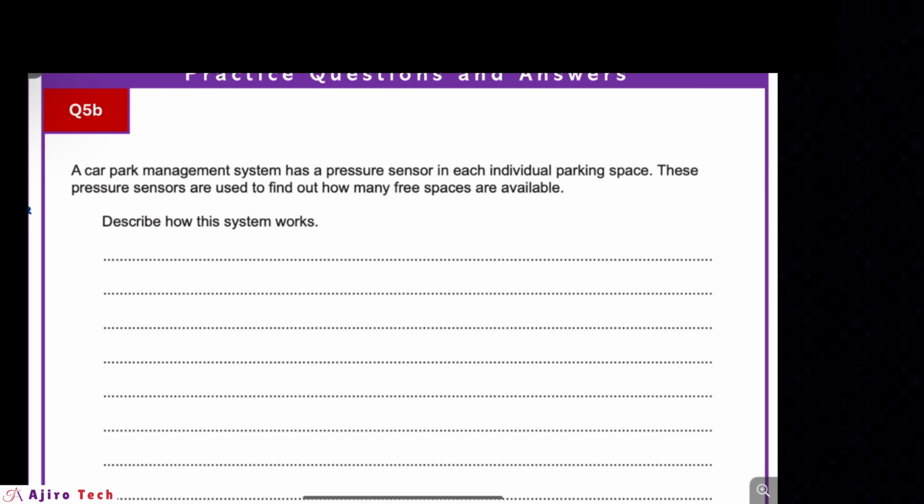Describe how this system works. So let's look at it. The first one is each parking space has a pressure sensor.